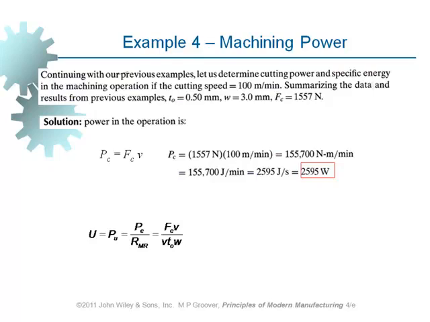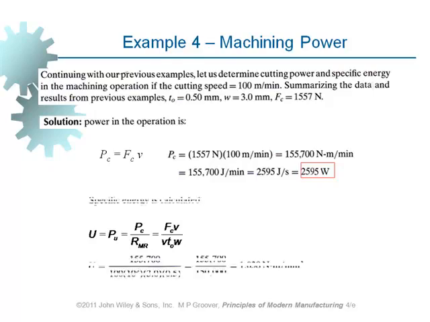So FC times V divided by TO times W. That's the right equation. And substituting all those parameters, this is what we get.